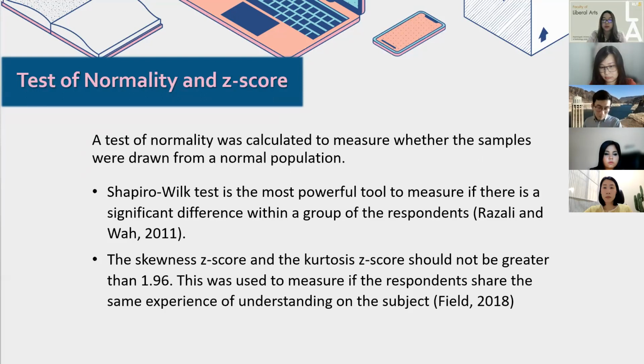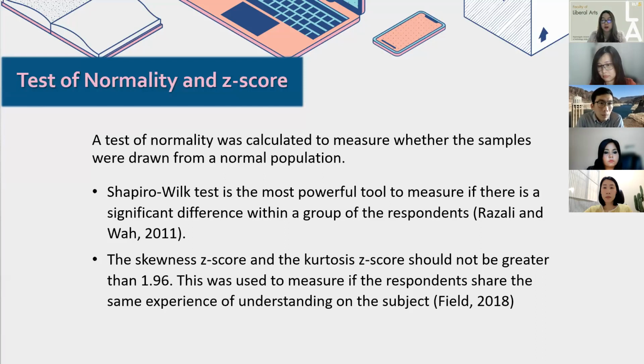To measure whether the participants can be representative of the whole population, a test of normality and z-scores were used to explore it. The test of normality was calculated to measure whether the samples were drawn from a normal population.